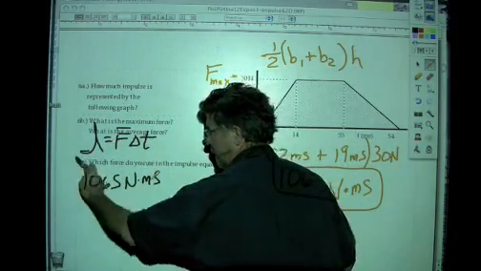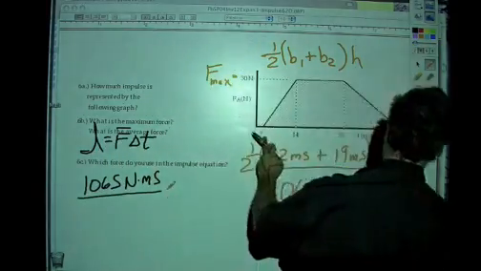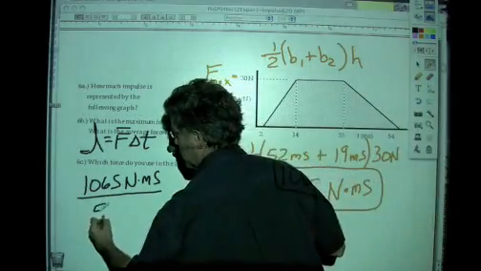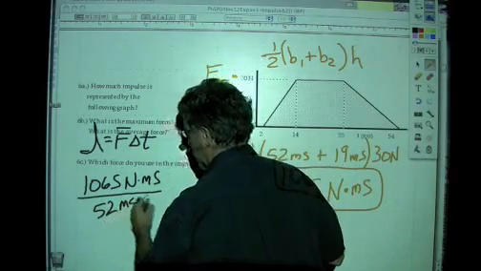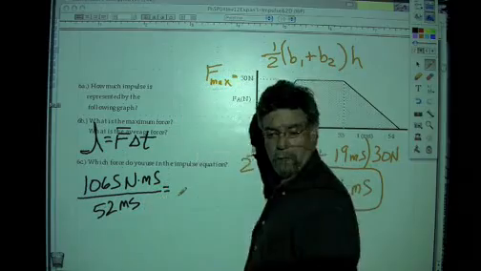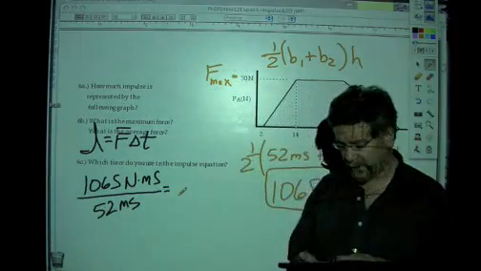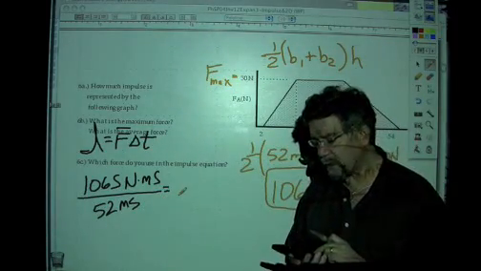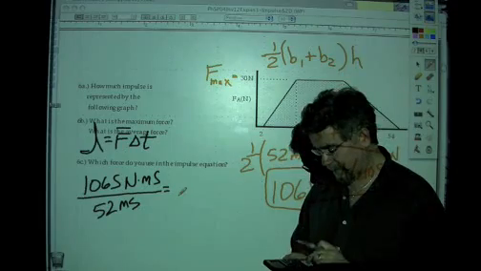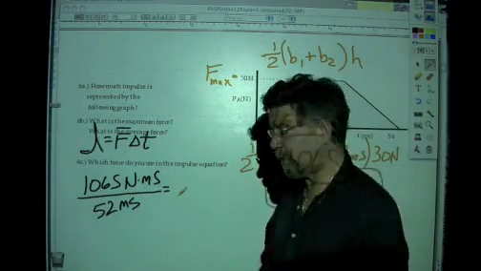If we divide that by our change in time, which is 52 milliseconds, we will have our average force. So we divide that out: 1065 divided by 52 is 20.5.